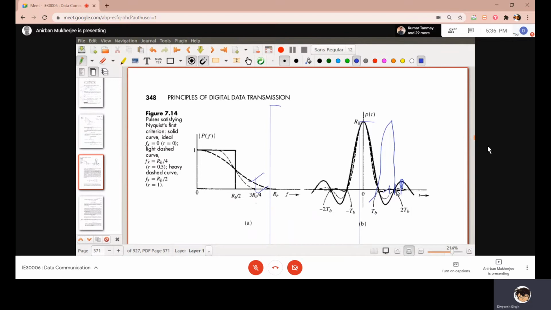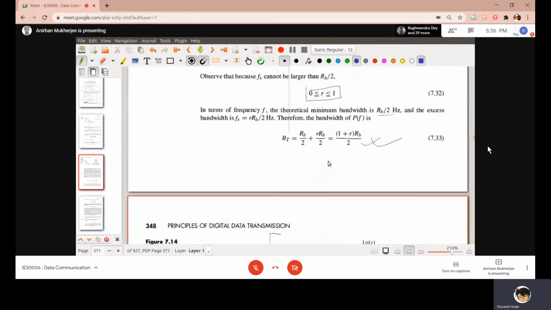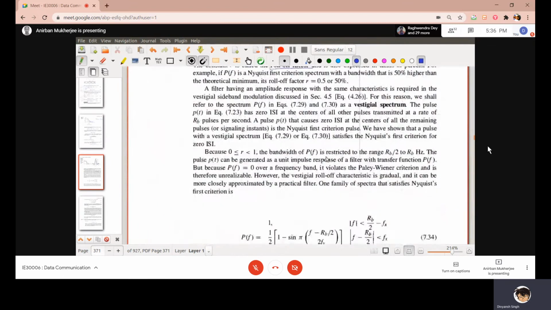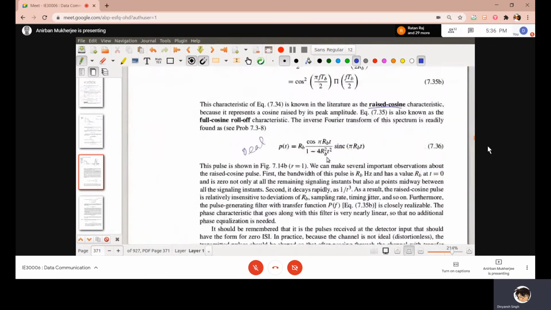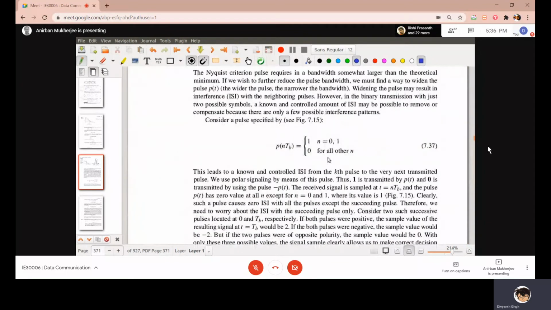But if the pulse itself decays fast, then even if you do little jittery sampling, it will not create much problem, because the ISI will be controlled, because your pulses have decayed very fast. That's why we are talking about all these things, because sinc actually decays very slowly. And this is called pulse shaping.